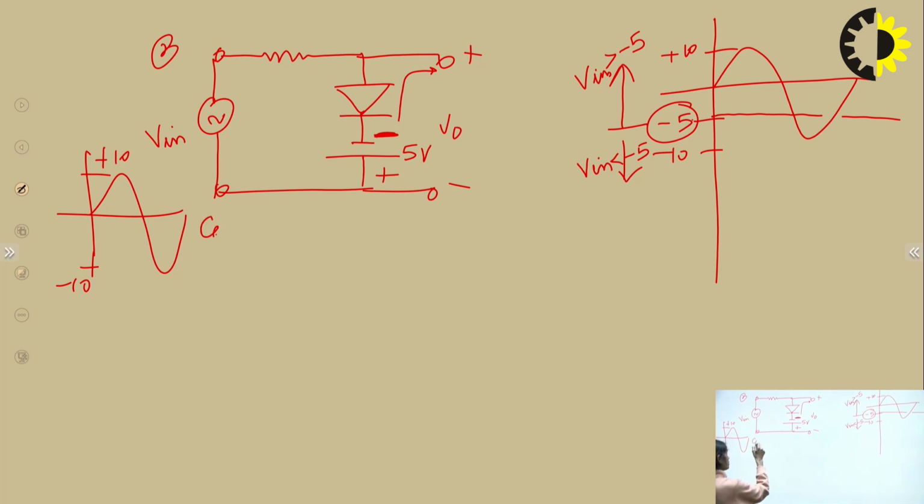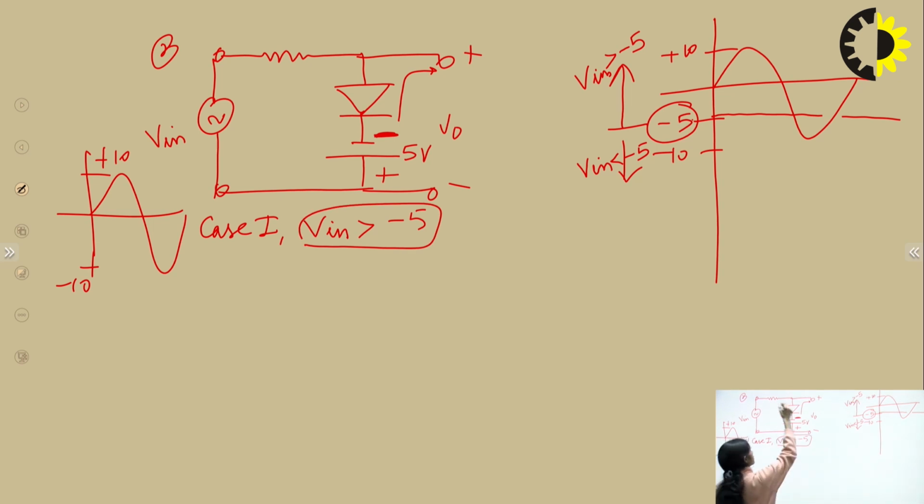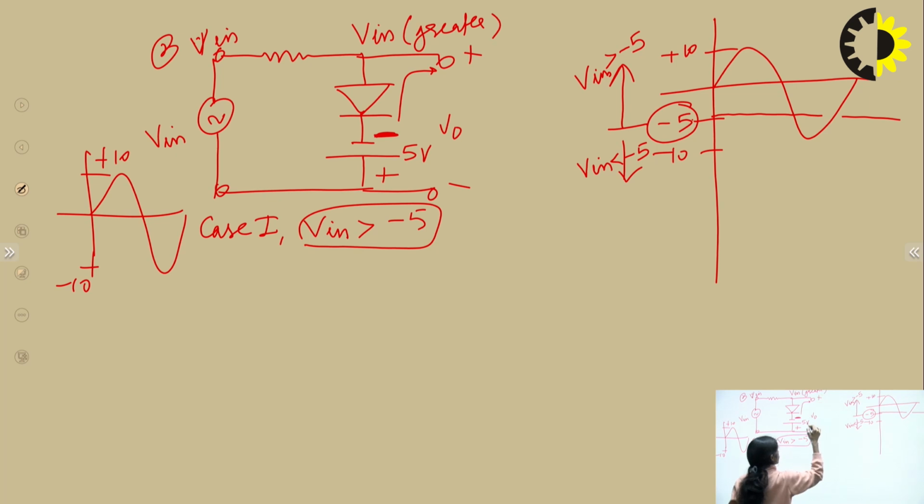So case 1, if Vin is greater than minus 5. As we are saying Vin is greater than minus 5, that means if Vin is coming here, this Vin is also appearing here and it is at greater potential. So accordingly this is at lower potential.